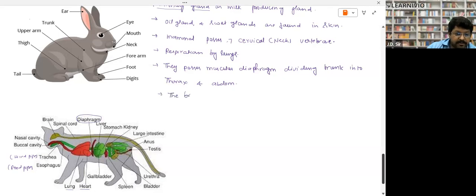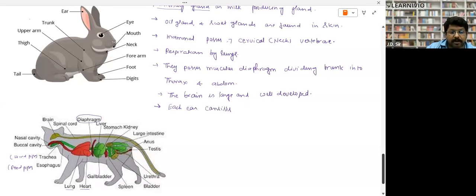The brain is large and well developed. Each ear consists of three parts.